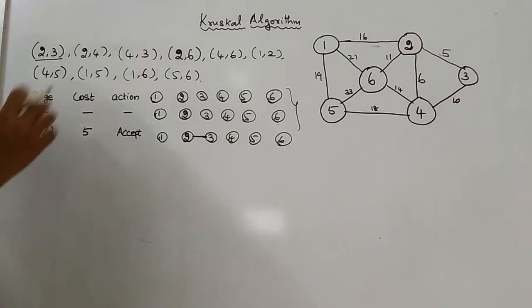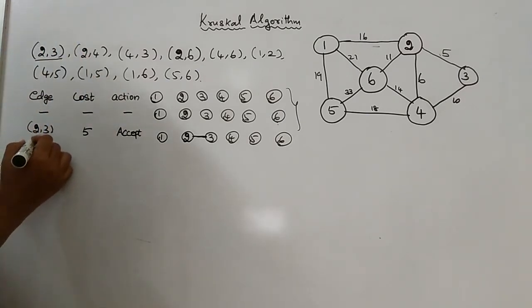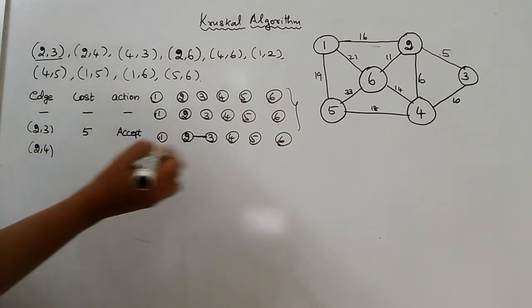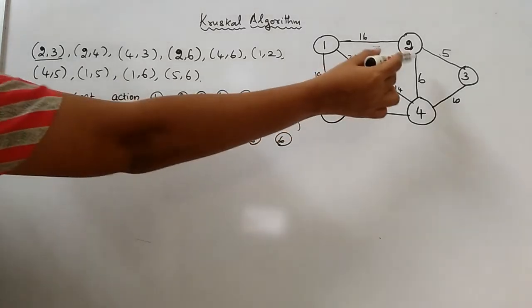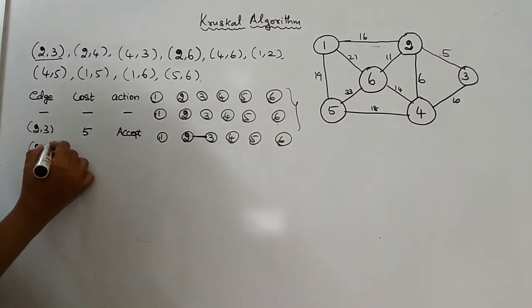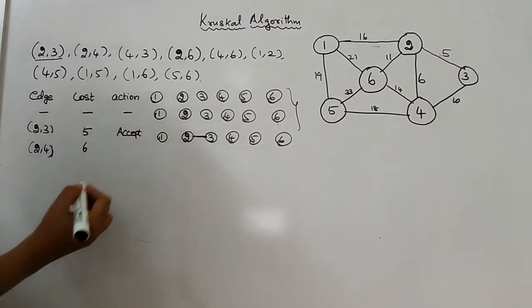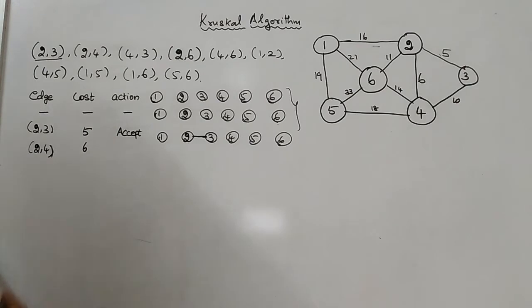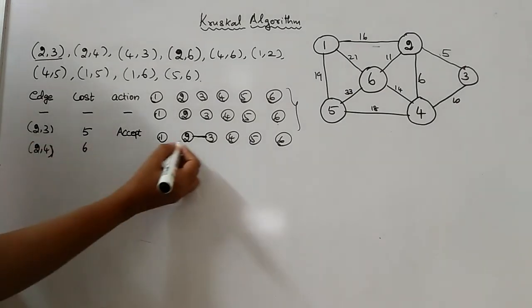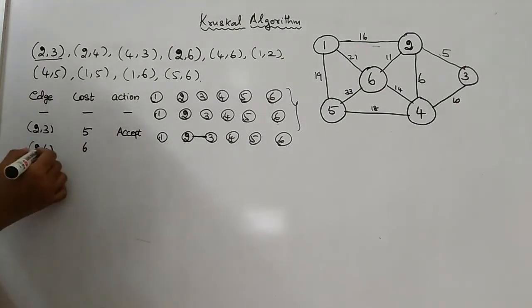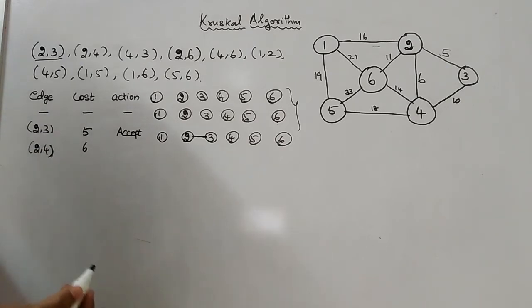Next to this one, you can take the next edge, 2 comma 4. What's the weight for 2 comma 4? It's 6. Write the cost here, 6. You just see here, 2 is already covered, but the vertex 4 is not covered at all. In such cases, we can accept this edge.